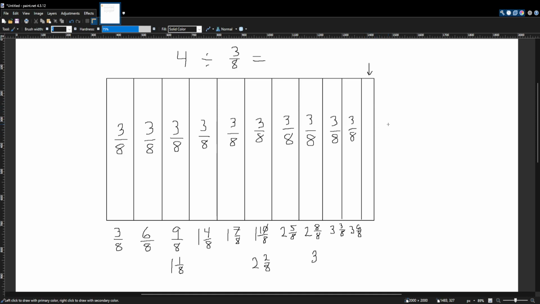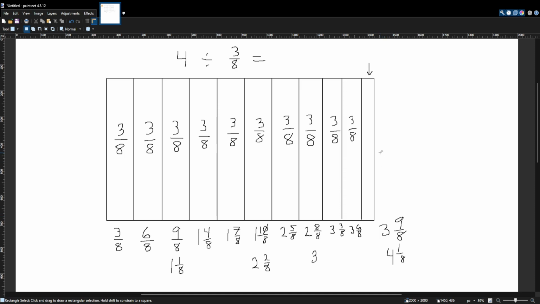It's actually a slightly smaller number. Because if I were to put in another 3/8, then I would actually have 3 and 9/8, which we know is 4 and 1/8, because we saw 9/8 already being 1 and 1/8. So adding an extra 1 to the 3 gives me 4, with 1/8 left over.